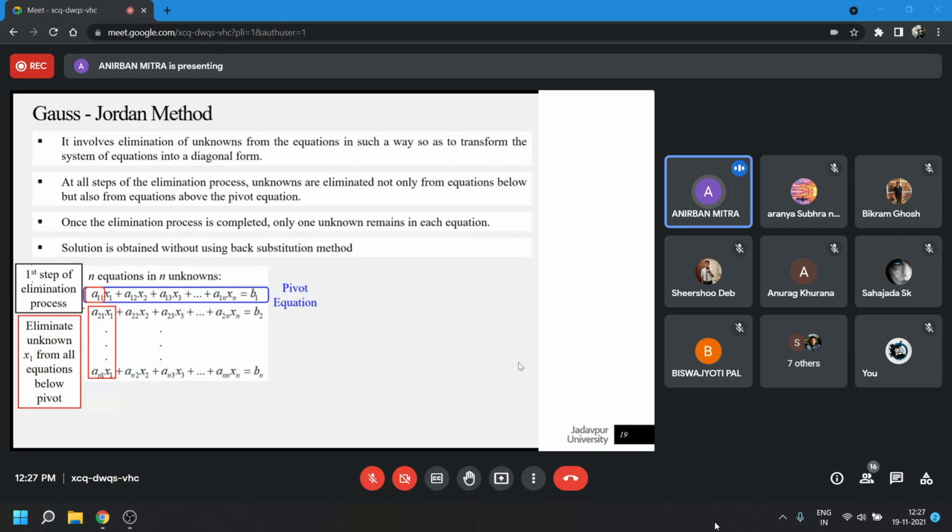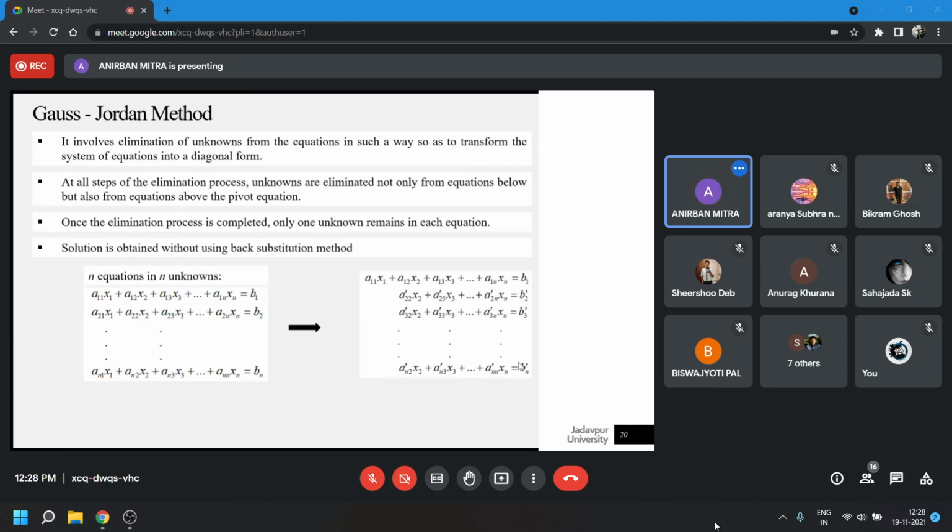So how is this different from Gaussian elimination technique? It is not at all different. For the first step of the forward elimination, or you can say simply elimination technique here, it is exactly the same as the Gaussian elimination process. So once that is done, all the coefficients of x1 below the first equation go to 0. Those are eliminated.